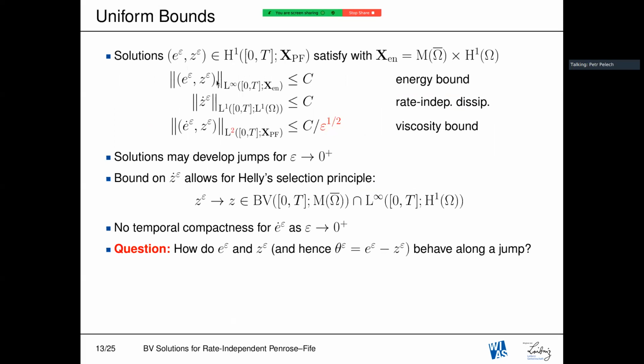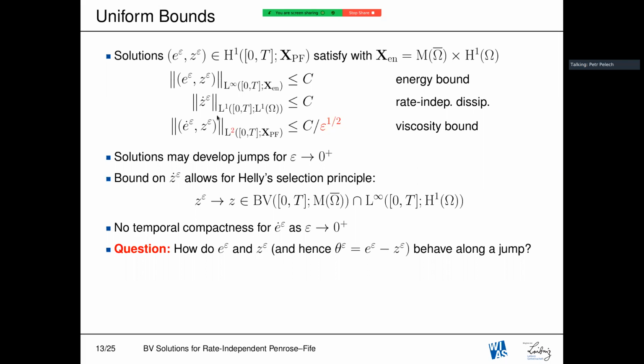We have coercivity of the energy, so the energy space, which is measures for energy, and H1 for the phase field, is valid. We also have from dissipation this rate independent dissipation estimate, so z dot is bounded in L1, L1.